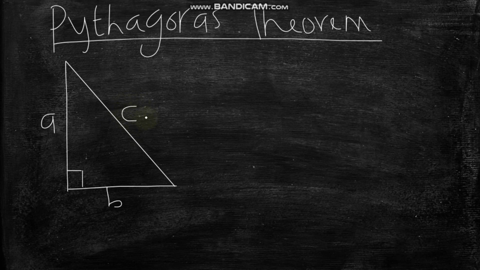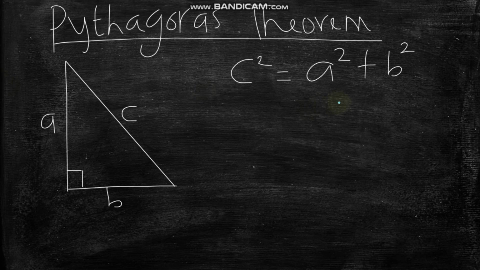So the Pythagoras theorem states that the square of this longest side, which is the hypotenuse, is equal to the sum of the square of the other two sides, and mathematically that is written as c squared is equal to a squared plus b squared. So that is the Pythagoras theorem. The square of the hypotenuse is equal to the sum of the square of the other two sides.